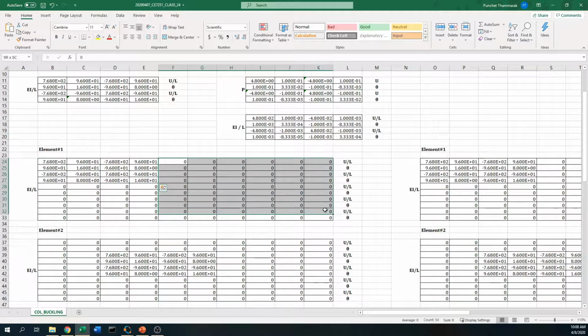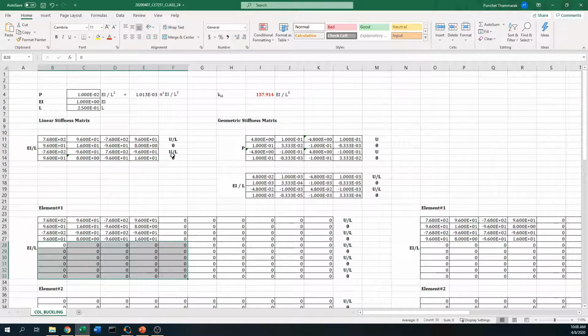Others are not relevant, but I provide a space such that when I sum up the stiffness matrix for the system, it is easy for me to manage things in Microsoft Excel. If you do it in Octave, then it is much easier because I don't have to care. I just use a for loop in order to plug things into the right place, right row, right column.